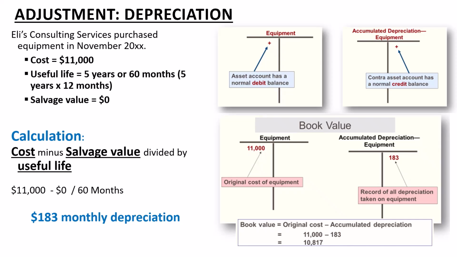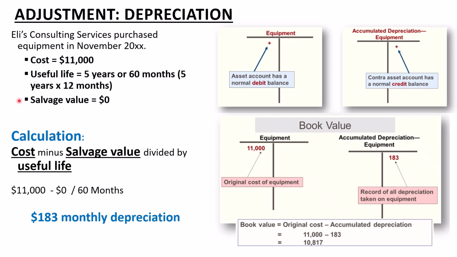Eli's Consulting Services purchased equipment in November for $11,000. The useful life is 5 years. The salvage value is $0 because Eli's Consulting believes that the equipment will not be worth anything at the end of the useful life. And as I mentioned before, Eli's Consulting Services uses the straight line method.